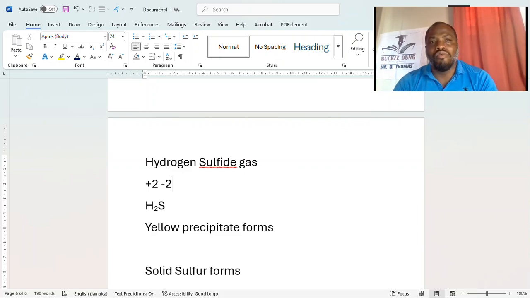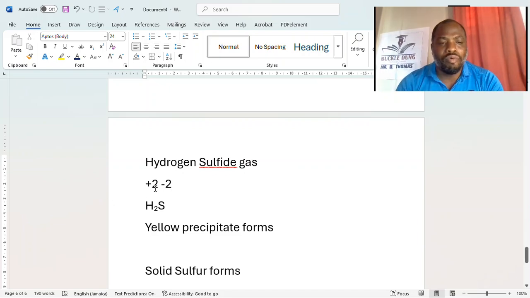And so what happens is that when it comes in contact with an oxidizing agent, it basically loses the electrons that it accepted.